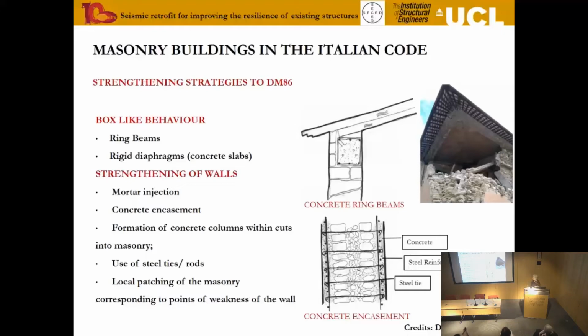The use of steel ties was included in the norm, but if you have been, again, in medieval villages, you would have noticed that these ties were there since the 15th and 16th centuries, so it was already a solution at the time to keep the walls together.